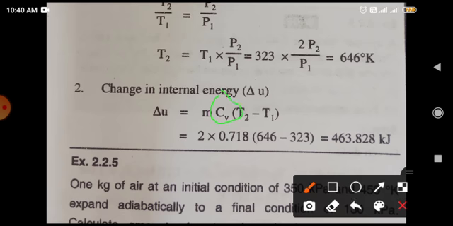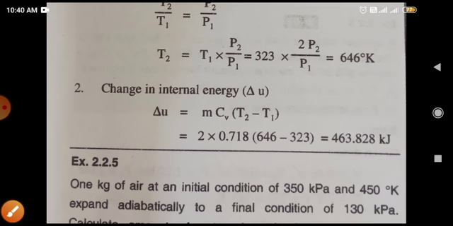Cv equals 0.718. Now 2 into 0.718 into (646 minus 323). After calculating all this, you will get the change in internal energy, delta U.